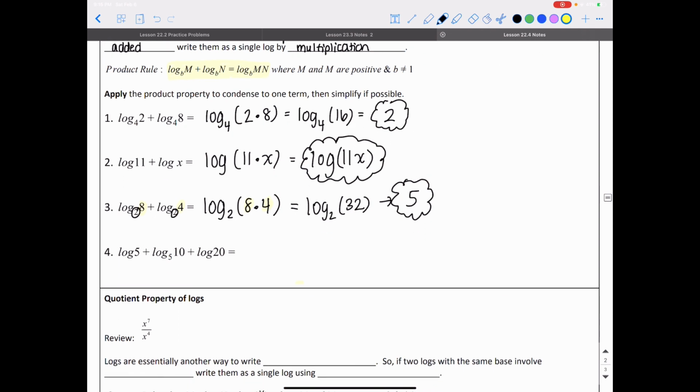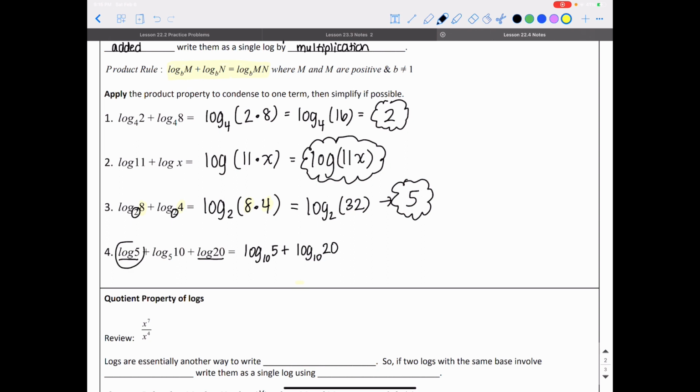This last one for number 4 has log of 5 plus log base 5 of 10 plus log of 20. Two of these share a base in common. I can combine those. I can't combine them with log base 5 because log of 5 and log of 20 have base 10. So I'm going to rewrite this as log base 10 of 5 plus log base 10 of 20.